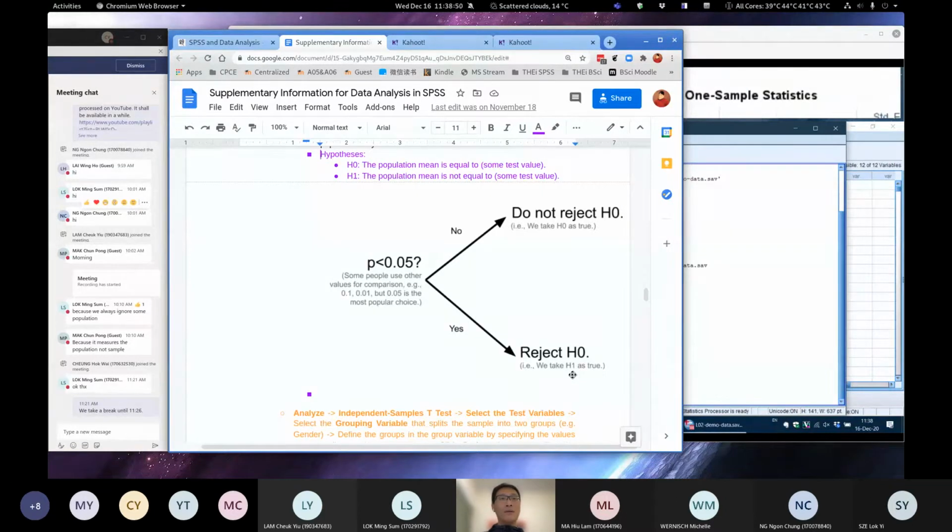We do that because the p-value is the probability of making a mistake if we do that. But the p-value is small enough, so it means that the probability of making a mistake in this case is small. So we reject the null hypothesis. But otherwise, if the p-value is not smaller than 0.05, then the probability of making a mistake is considered too large. So we do not reject the null hypothesis, or otherwise we take H0 as true.